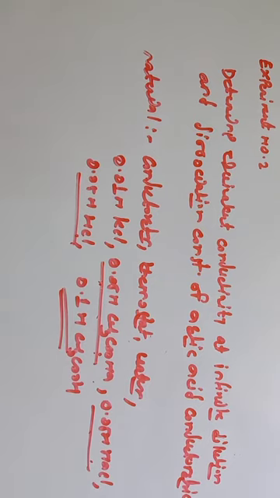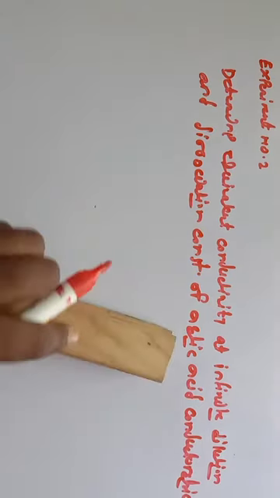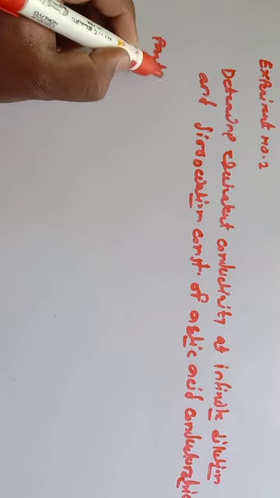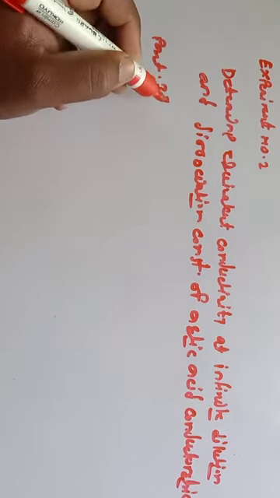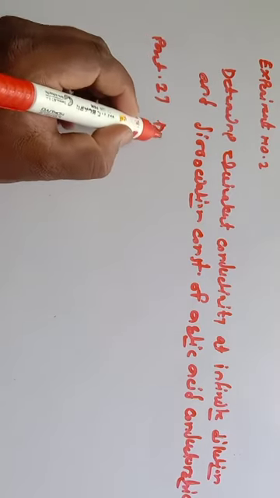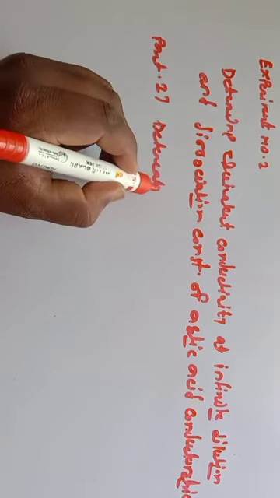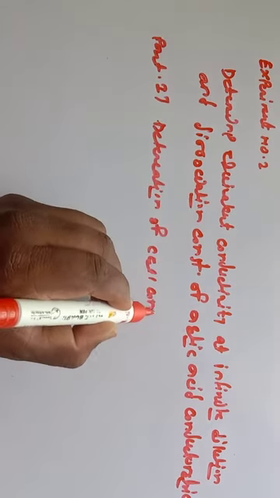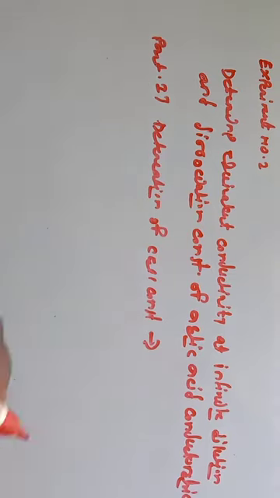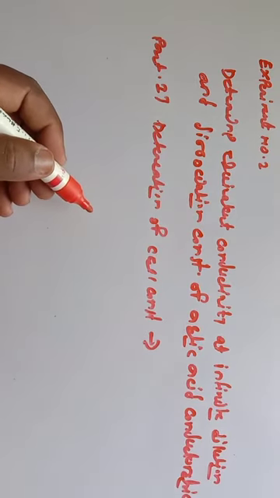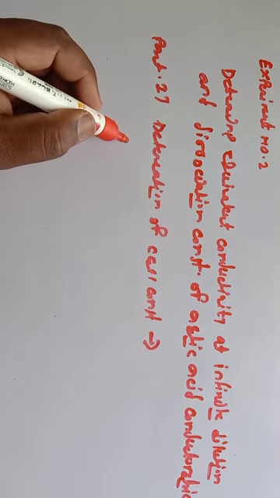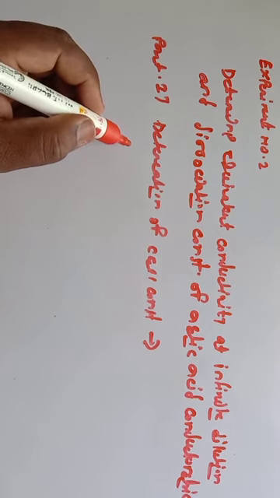So let us discuss the procedure. The first part is determination of cell constant. It is very simple. You just prepare 0.01 normal KCl solution and find out the cell constant.